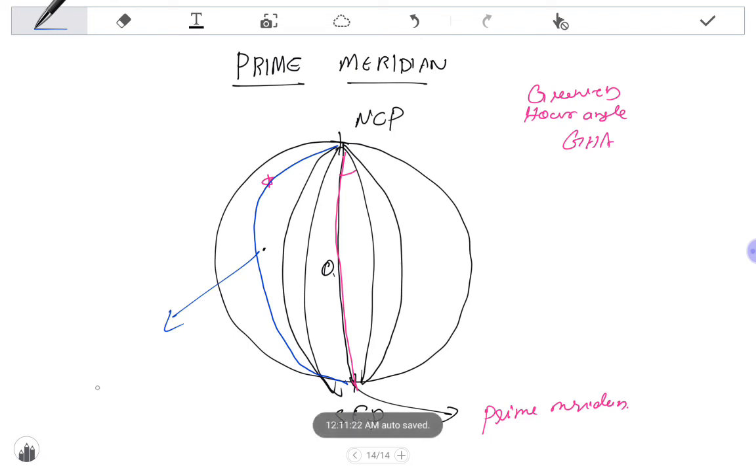This is the meridian through the celestial body. So the angle, or the arc, between the Greenwich meridian and the meridian passing through the celestial body is measured in a clockwise direction like this.